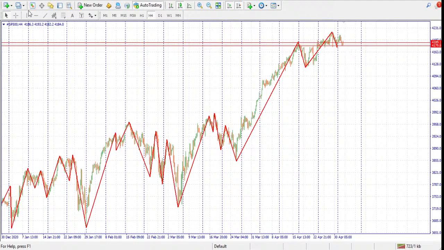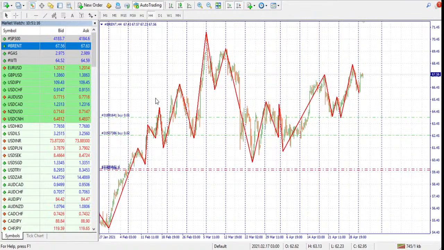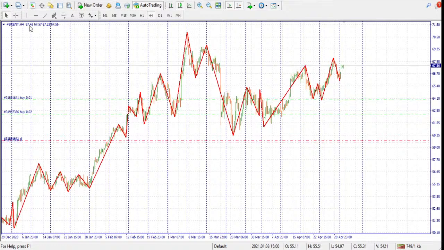Expect price to continue upwards, and it should break above this point, 4220.1. So if the price can continue up to this point, expect a break above and a retracement before we can continue to the upper side. My next symbol is Brent oil. So Brent oil, so far this is bullish, this is upwards.